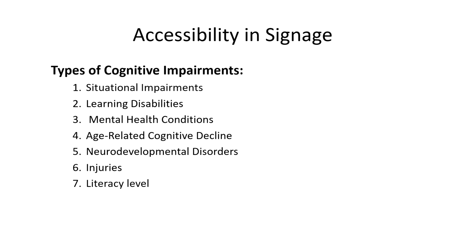Then neurodevelopmental disorders, which include conditions that affect brain development and result in cognitive impairment. For example, autism spectrum disorder, and intellectual disabilities. Then injuries.